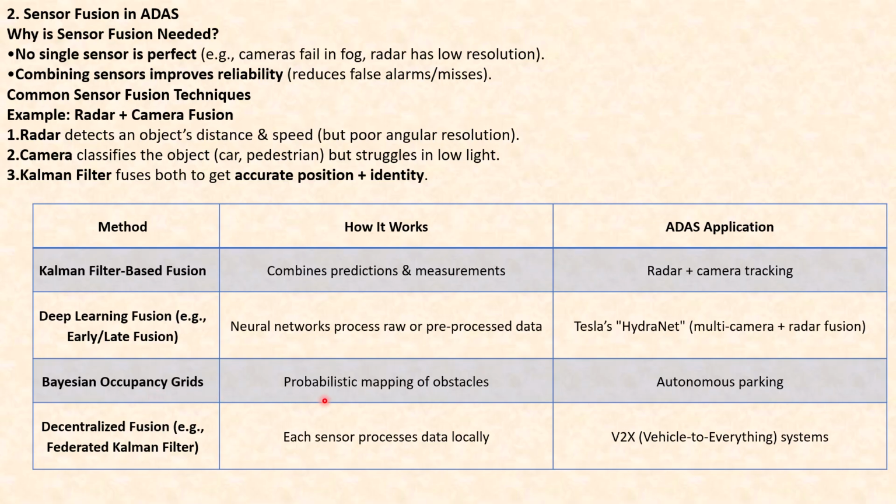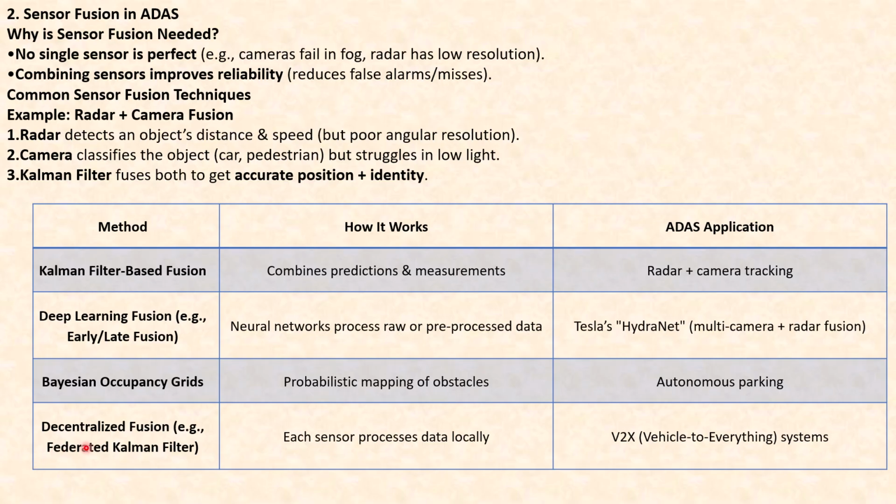This is useful for probabilistic mapping of obstacles. To estimate the mapping of the obstacles, the Bayesian occupancy grid is used. The ADAS application is autonomous parking or self-parking, where the vehicle computer itself handles the driving, the accelerator and also the braking.